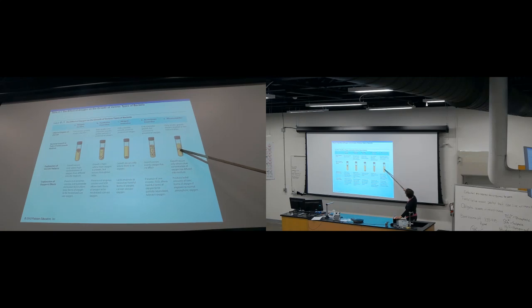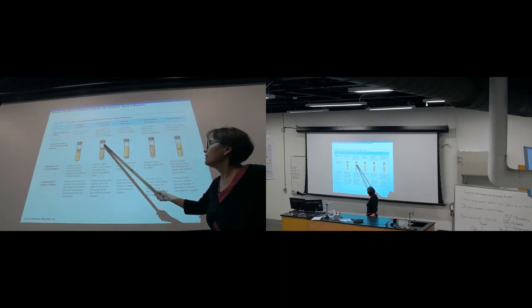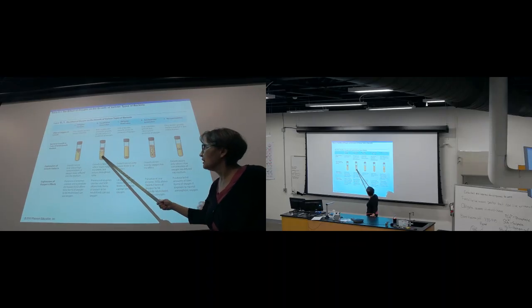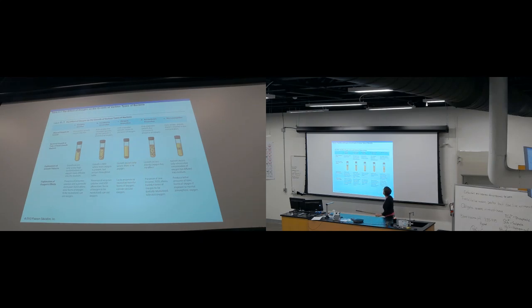This one produces lethal amounts of toxic forms of oxygen, and if it's exposed to normal atmospheric oxygen, it will produce more toxic forms of oxygen, and then it will die. So this is the reason why this one's growing here. This one's growing everywhere. This one's only on the bottom. This one on the top, and this one's better in the bottom, less in the rest of the tube, but still can grow anywhere.